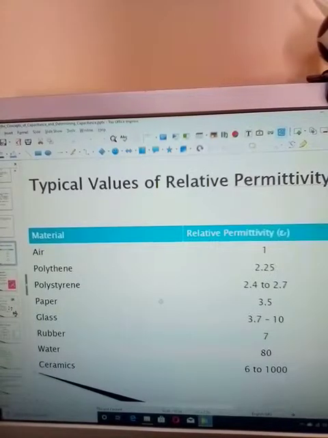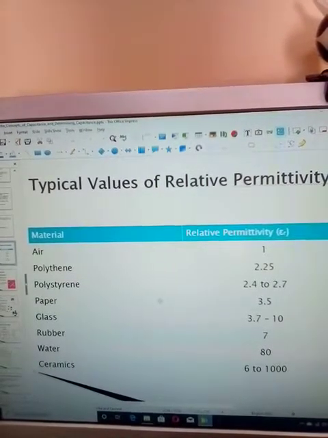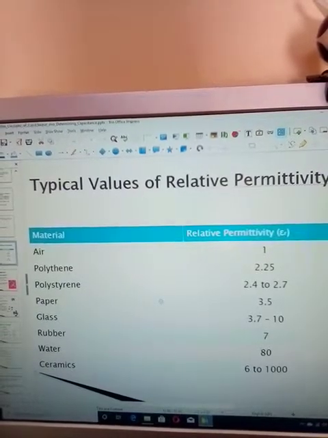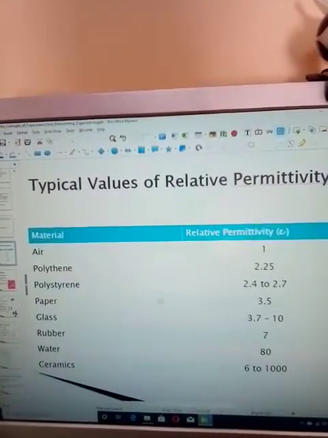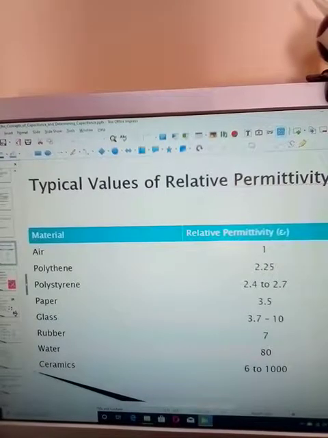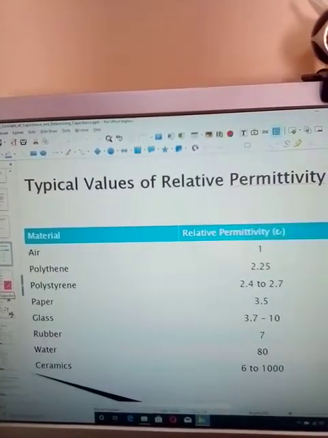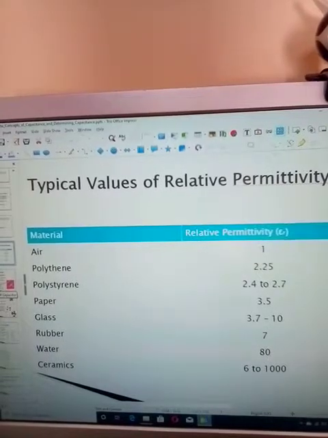Those are the relative permittivity of certain materials. That by no means is exhaustive, but that will do for us for now. If you want to know the relative permittivity of a given material, you can now simply Google it, whereas we would have to research it in books many moons ago.